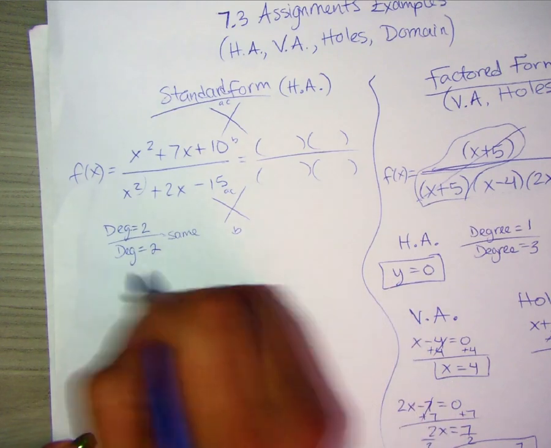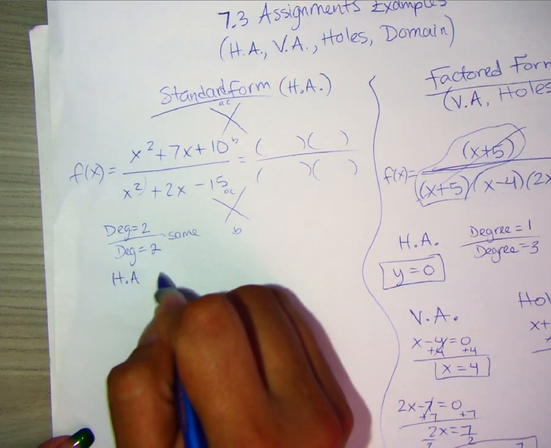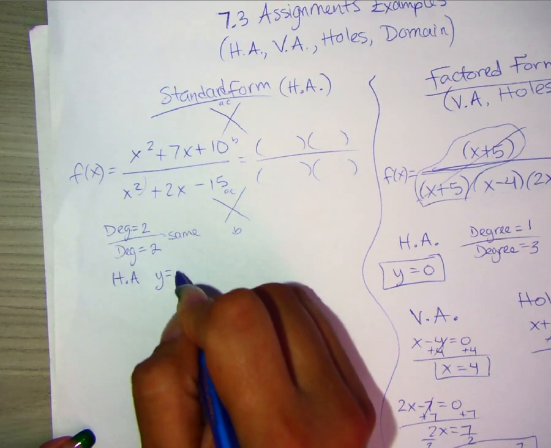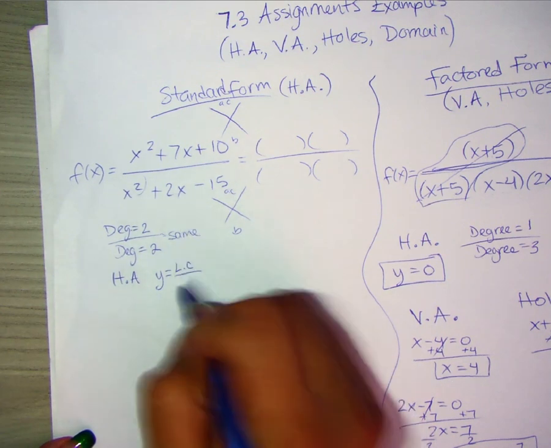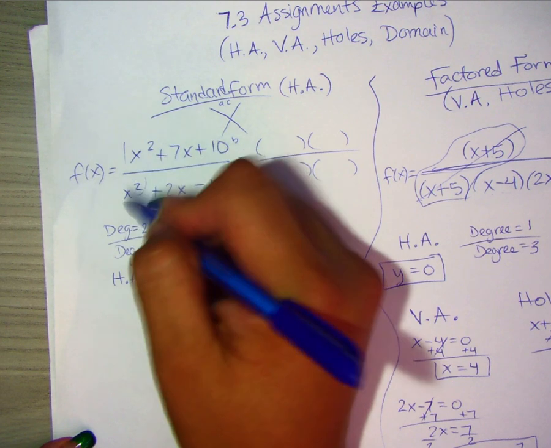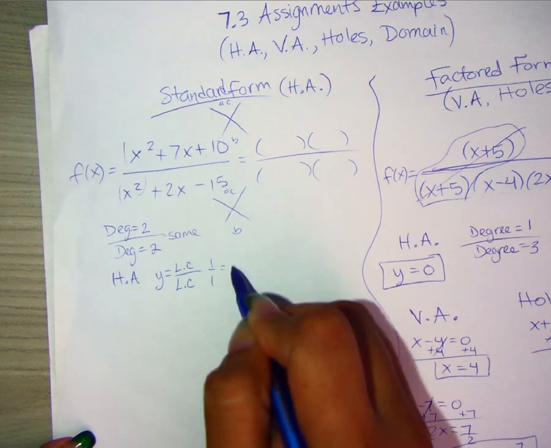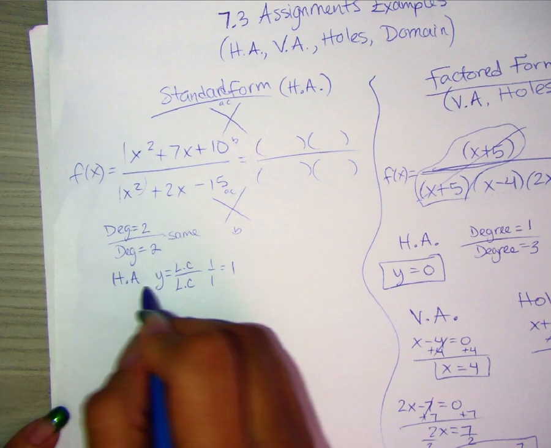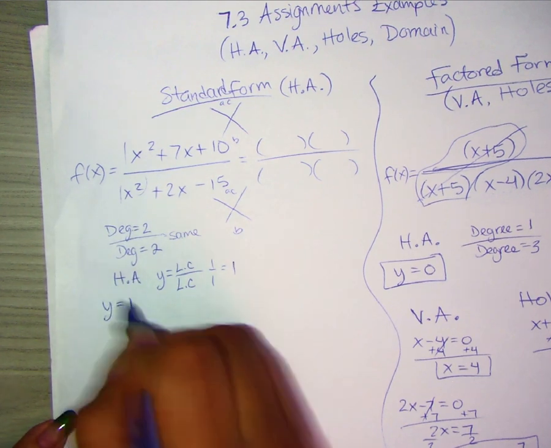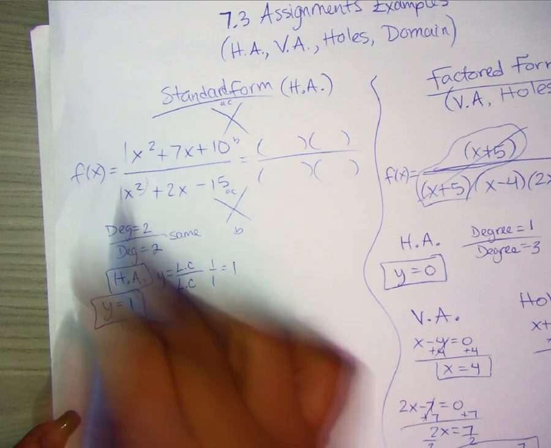So that means we're going to calculate the horizontal asymptote by y equals the leading coefficient of the numerator over the leading coefficient of the denominator. Leading coefficient being a 1 and then a 1. So 1 over 1, which results in 1. So the horizontal asymptote is y equals 1. That's what we will have if we were to graph that.